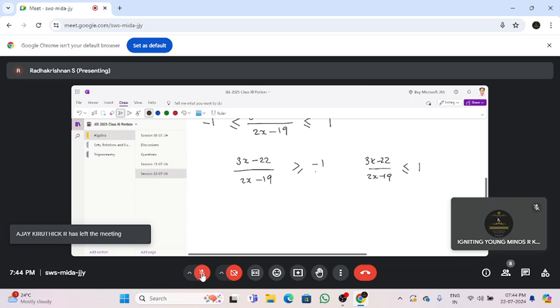Let us see if anybody has attempted, like Pandi Selvi. How do you go about it? Can you tell the first step? How will you start? Pandi Selvi, please, or anybody else.